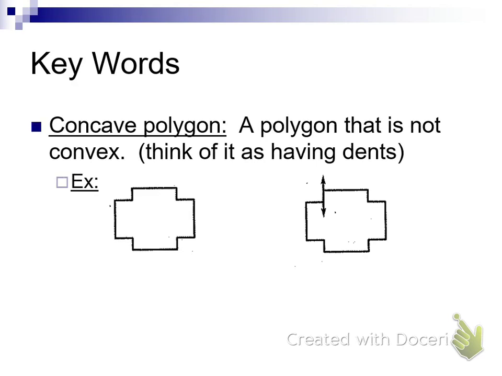We will compare that to a concave polygon, which simply is not convex. You could think of it as having dents in it. Some people call it caving in on itself.